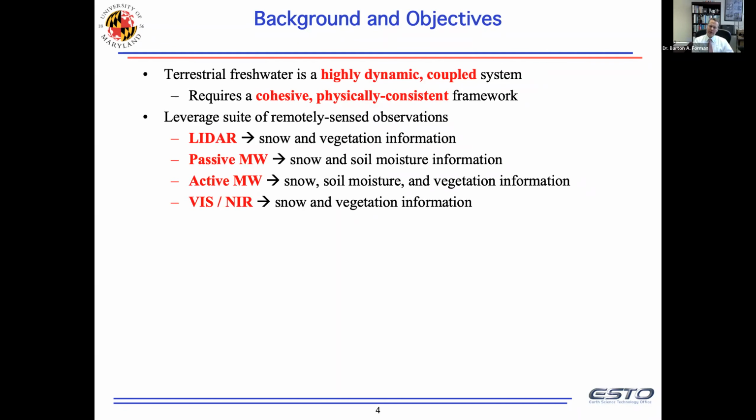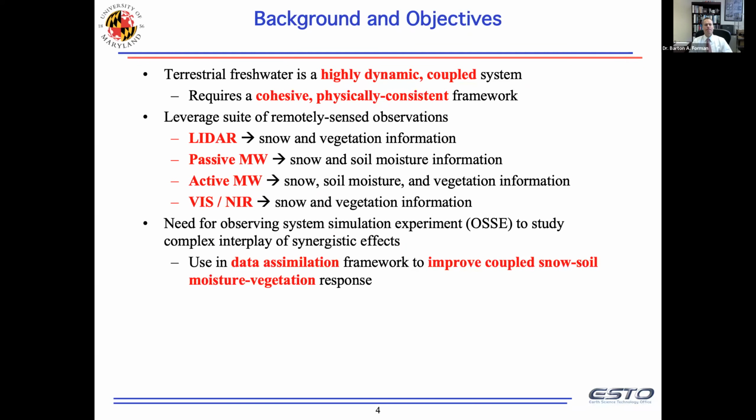Most of what I talk about today is just going to be related to LiDAR, passive microwave radiometry, and active microwave, in particular, synthetic aperture radar. But as part of this project, we're also including visible and near infrared imagery as related to perhaps snow albedo or leaf area index for vegetation. So there's more to this project than I'm presenting, but we are looking at more than one type of observation.